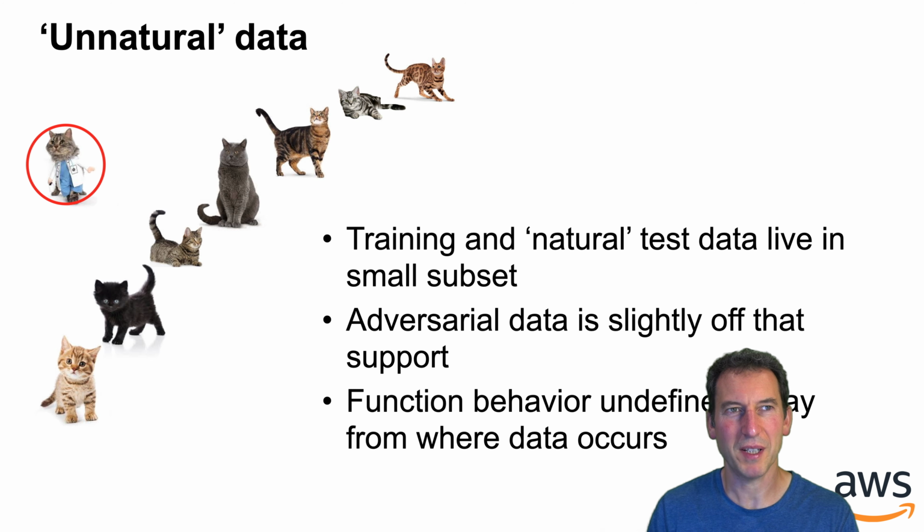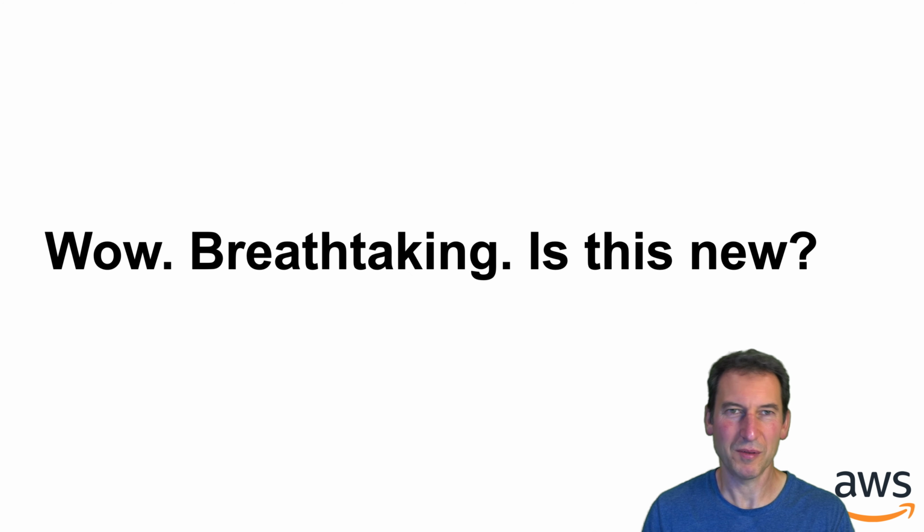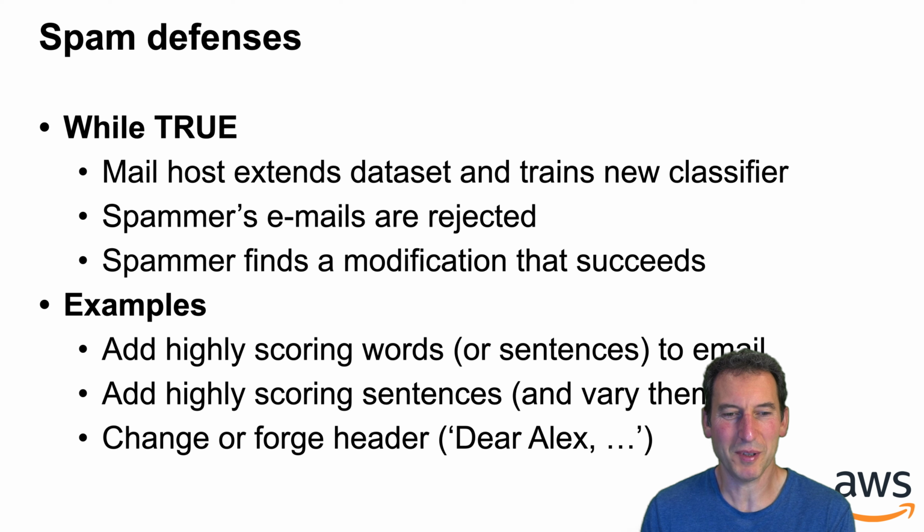Now, if I have some unnatural data, then I can break it. And so adversarially robust machine learning has been quite popular lately. You'd think, wow, this is a big progress. And actually it turns out it isn't, because people have been doing that for a while.